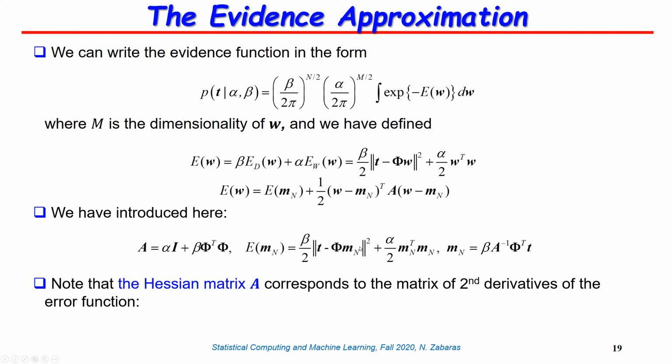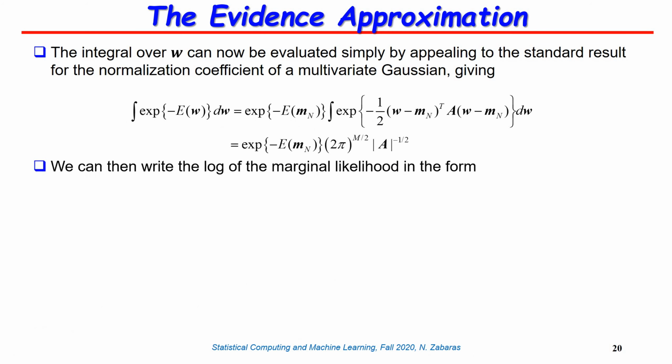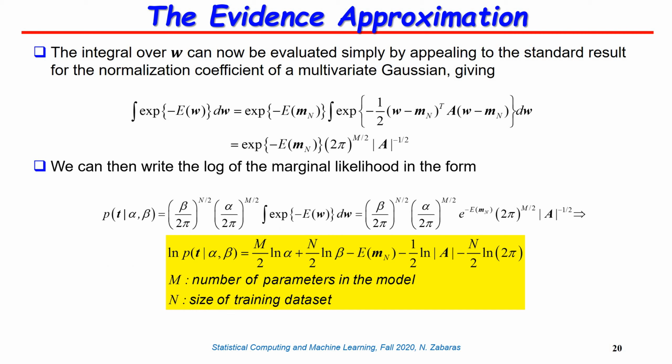Mn again is the mode of the posterior of W, and then we have the log of the determinant of A, and then another term that involves N.